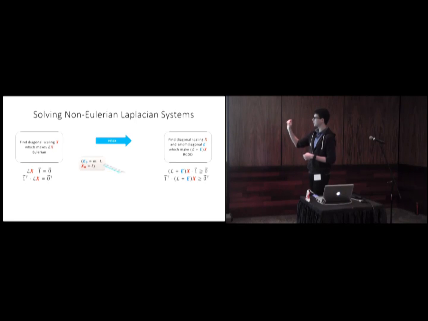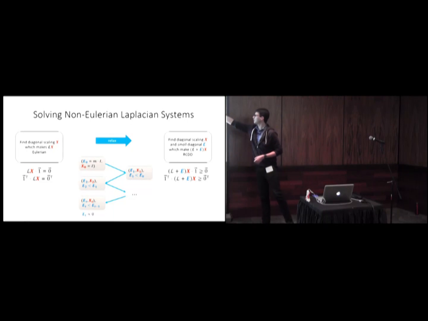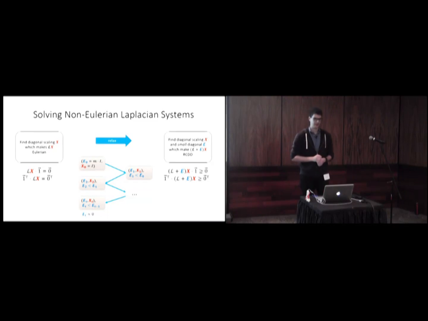We produce a new iterate, a new pair of diagonal matrices, such that this pair gives us an RCDD matrix, but we make some progress in the matrix E. Then we keep repeating this process a number of times, and eventually we reach a pair E and X such that E is very close to 0. And when E is very close to 0, X is close to the diagonal scaling that I'm seeking.